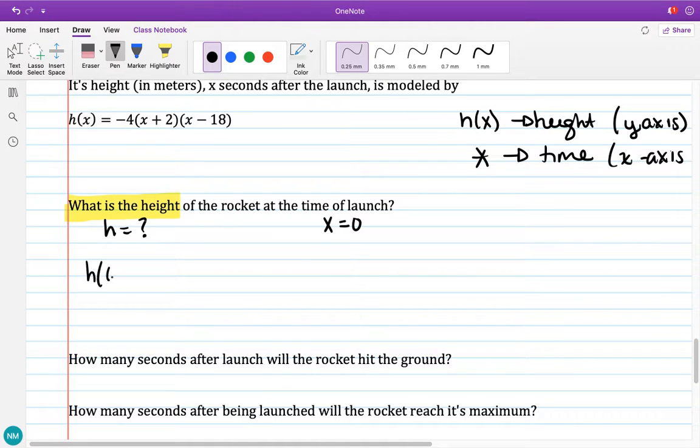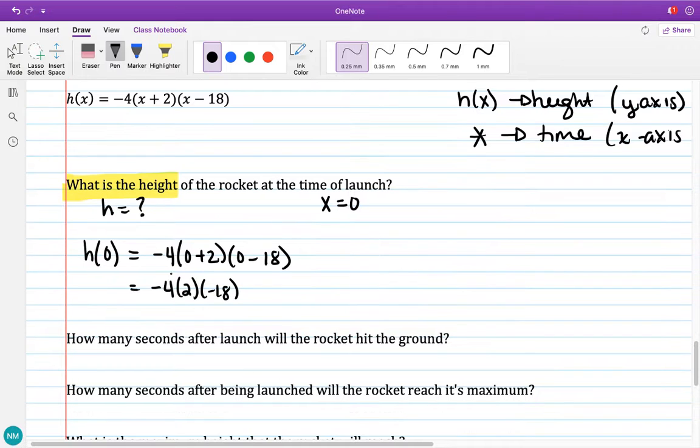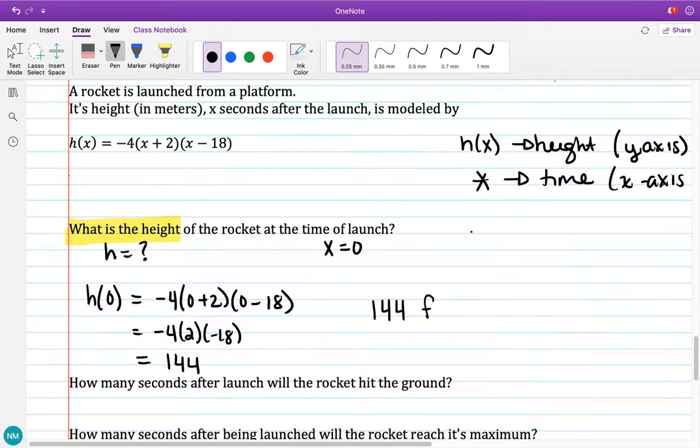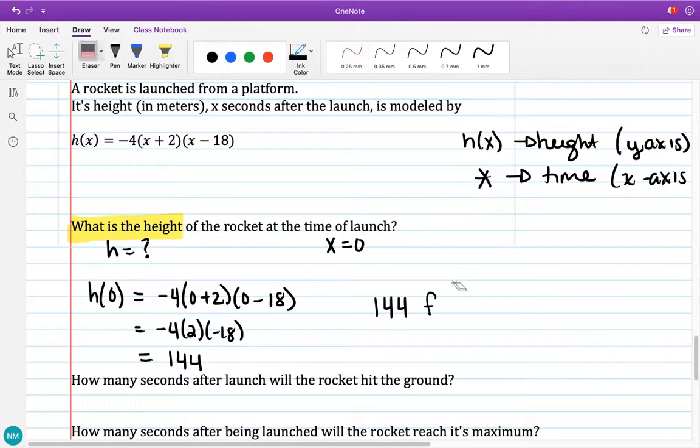So h of 0 equals -4 times (0 plus 2) times (0 minus 18), which is -4 times 2 times -18. So I get 8 times 18, which is 144. So 144 meters.